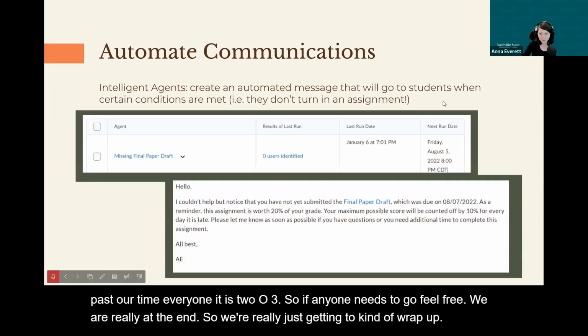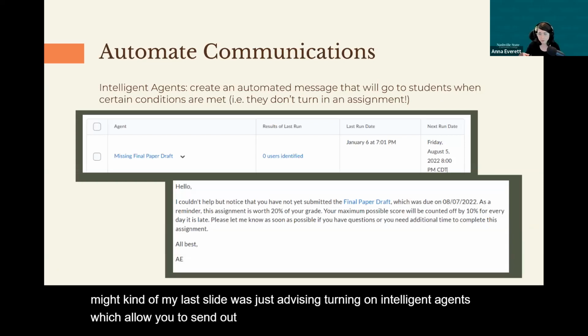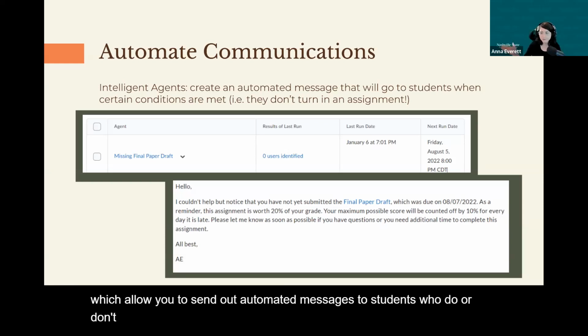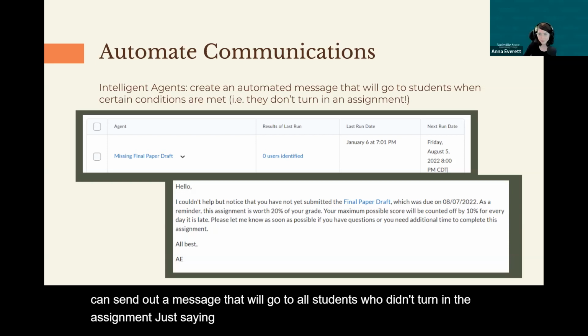My last slide was just advising turning on intelligent agents, which allow you to send out automated messages to students who do or don't do certain actions inside of the shell. So if they don't turn in an assignment, you can send out a message to all students who didn't turn it in, saying, hey, I noticed you didn't turn in the assignment. Please do. This is a great time-saving tool.